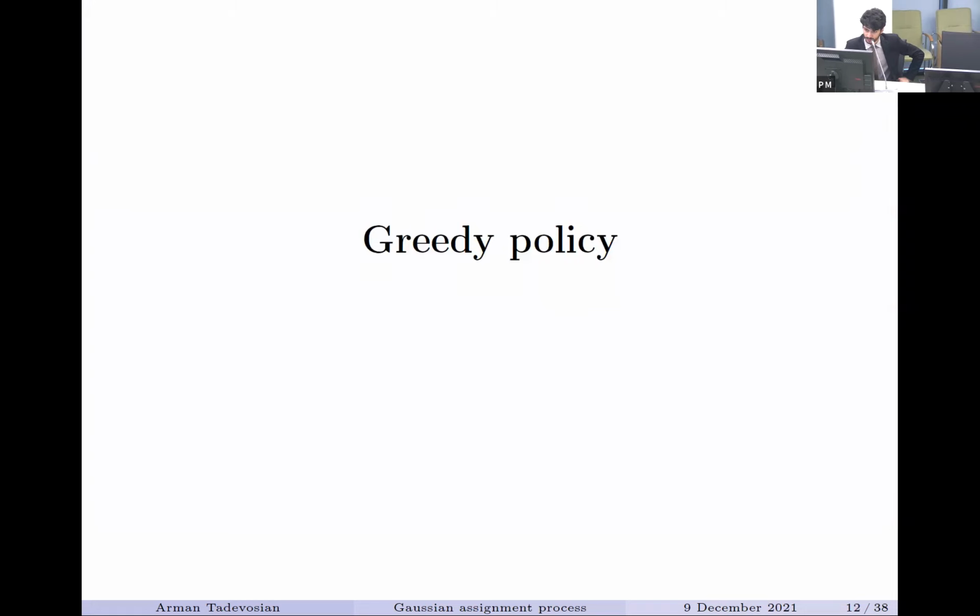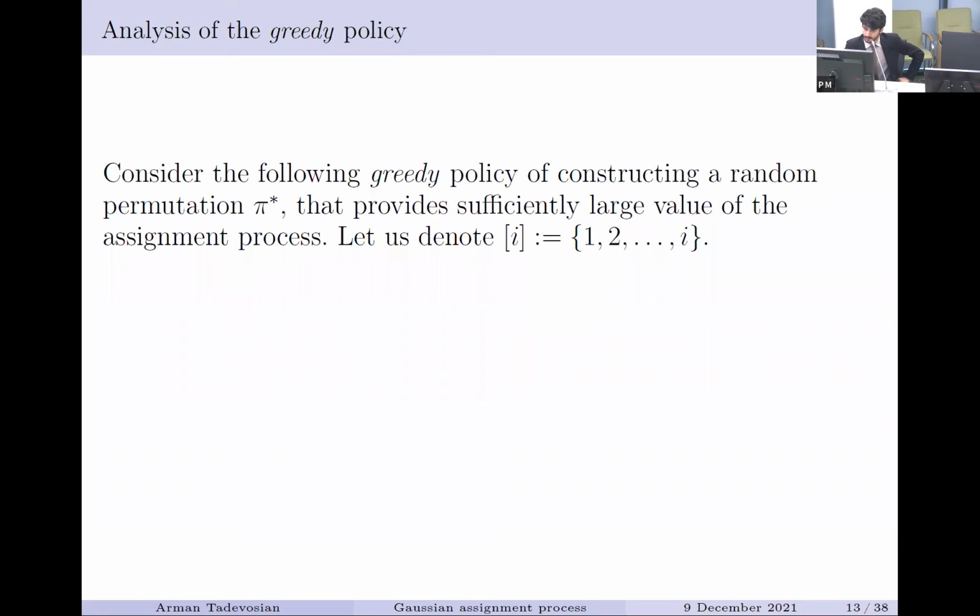And now we'll talk about the greedy policy. Consider the following greedy policy of constructing a random permutation pi star. Let us denote by [i] the set {1, 2, ..., i}. Then we define our permutation inductively.